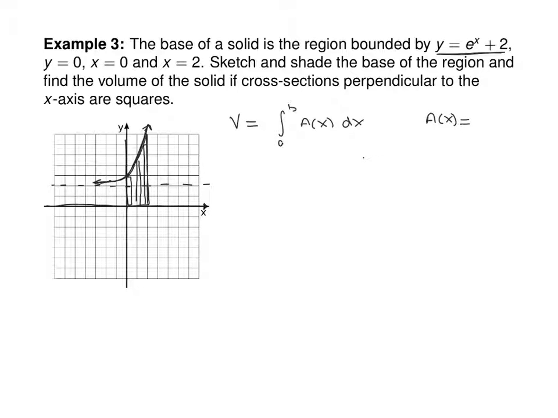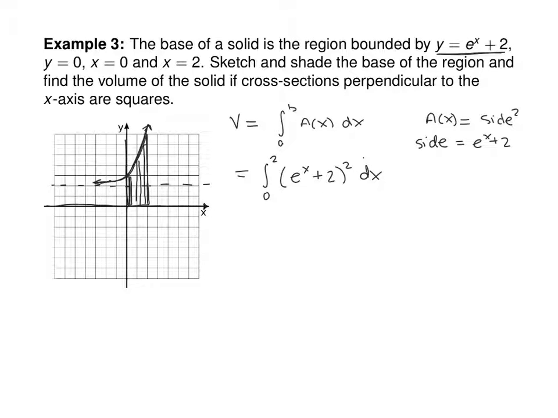So my area of a slice is given by a side squared. And this is one of the sides. So one side is given by e to the x plus 2. And our slices begin at a value of 0, they end at a value of 2, and we're adding up all these squares, so the integral of e to the x plus 2, squared.